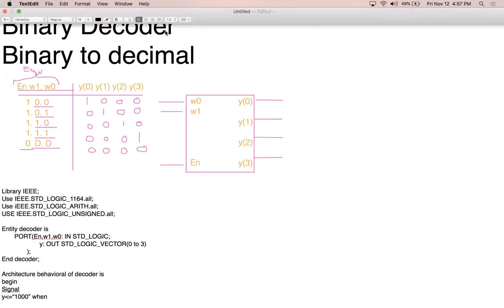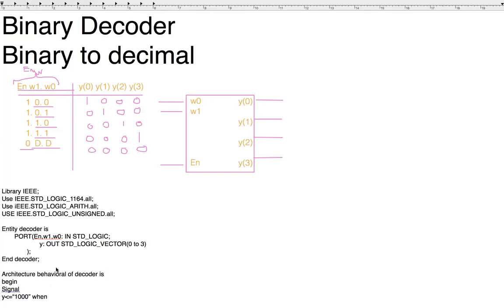And so what I'm going to do here in my code, so you guys understand what a concatenation is, my signal ENW. For concatenation, it's going to look like a standard logic vector, and it's going to have our 2 down to 0 because 3 spaces: enable, W1, W0.